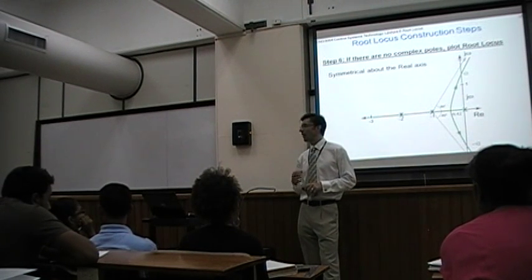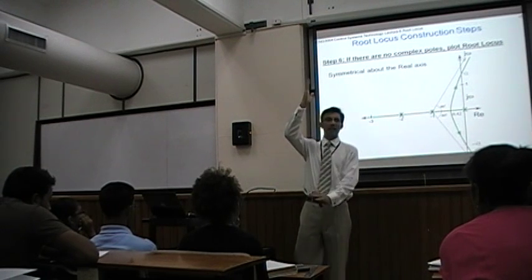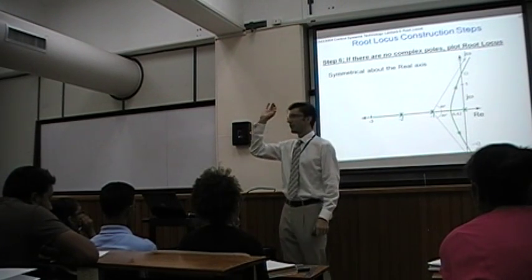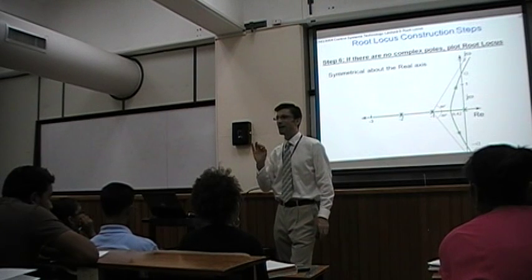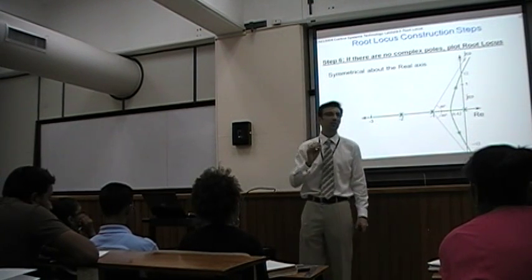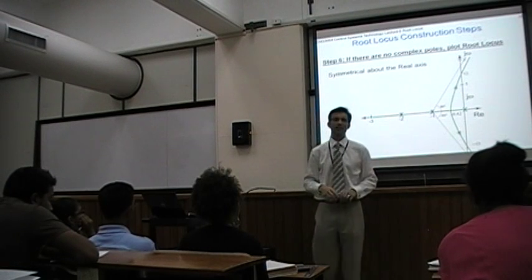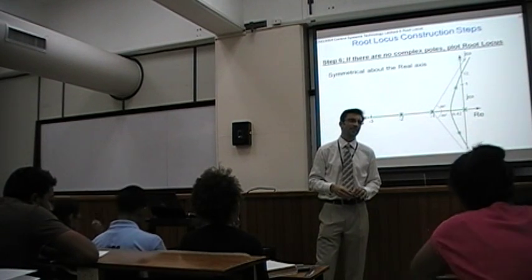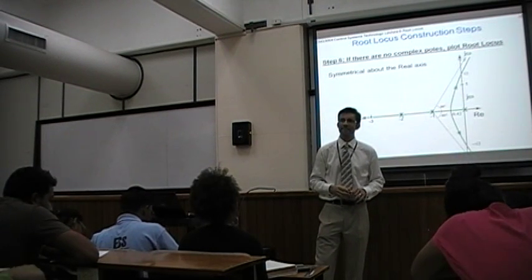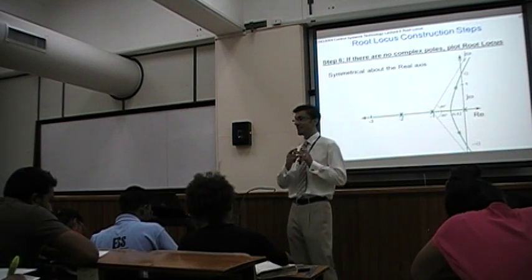So now we've got our breakout points, and we know our locus goes off from the real axis from that point. Before we move on, what does that point of departure represent? Where the roots diverge from the real axis, what does that represent? It means something. It's a certain value of k.